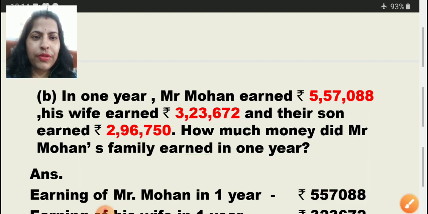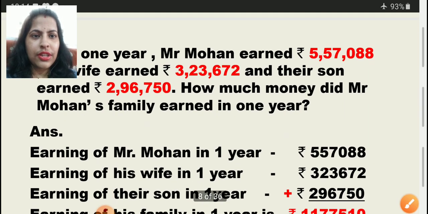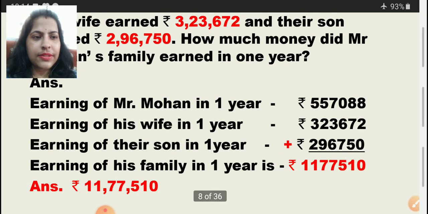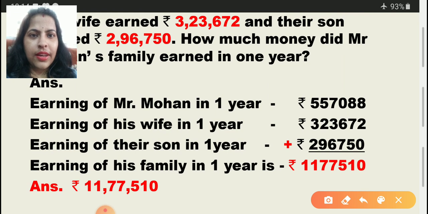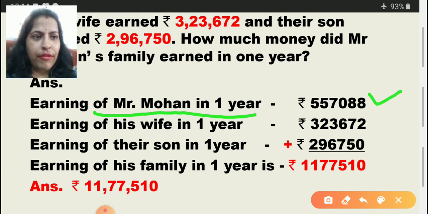So now we'll move to the solution, where we'll start by writing statement number 1. Earning of Mr. Mohan in 1 year, that is 5,57,088. Earning of his wife in 1 year.